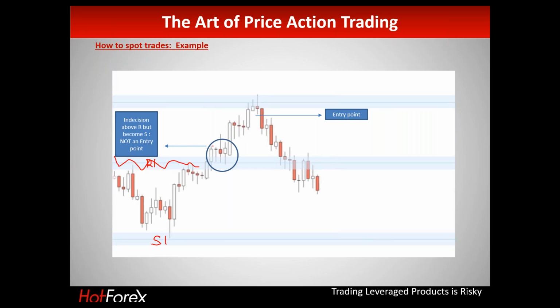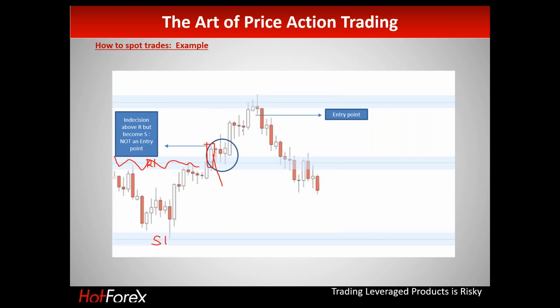We had over here our first closure above the resistance level. For many of you, this would be a good entry point. For me, it's not, and you shouldn't take that as an entry point because it could easily turn back down again. It's not far away from the resistance level, and it's just one session, so there is no confirmation that it will continue moving to the upside.